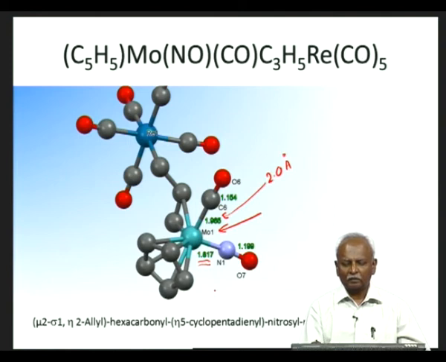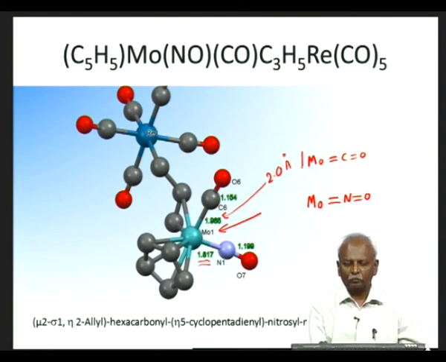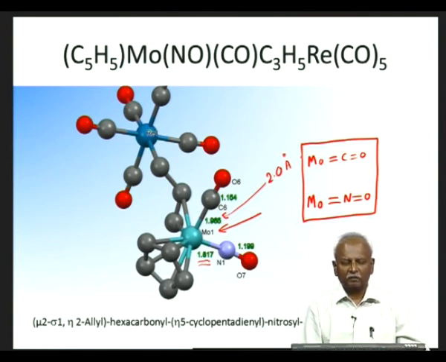In other words, the representation that we had for the nitric oxide complex and the representation that we have for the carbon monoxide complex can be similar to what I have shown here. These are good valence bond representations of the interaction of carbon monoxide with the molybdenum or the nitric oxide with molybdenum.